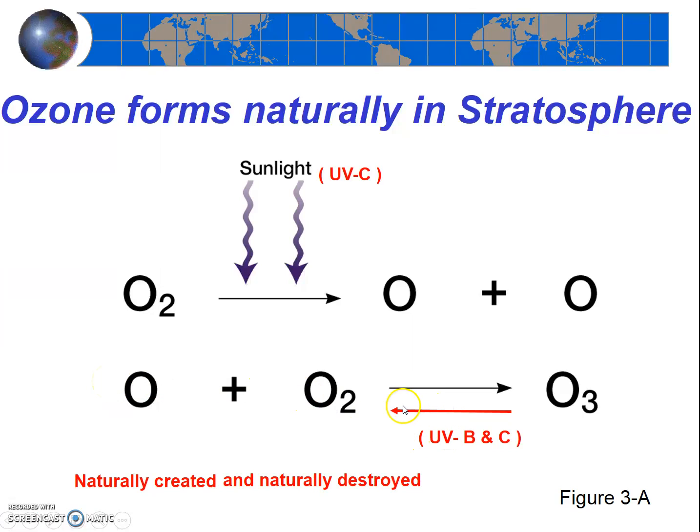You'll see that during this process, more ultraviolet light is absorbed and thus blocked from reaching the Earth. Yay! So through this natural process of ozone being created and destroyed, ultraviolet light is absorbed by ozone and blocked from reaching the Earth.